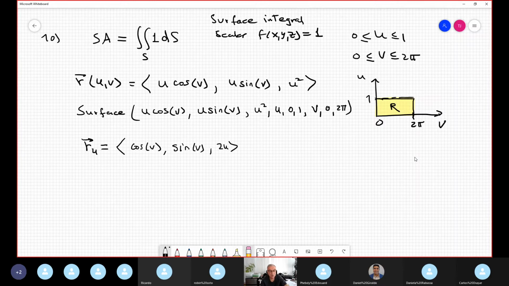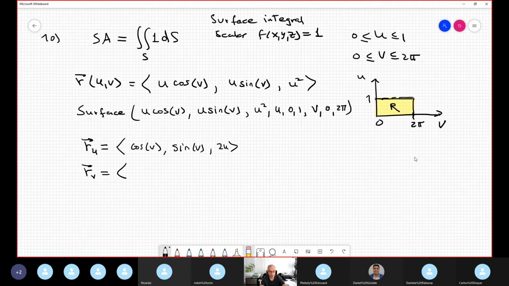Boom, I did that. That is the partial derivative of the vector valued function that contains two parameters, u and v. Now differentiation with respect to v.